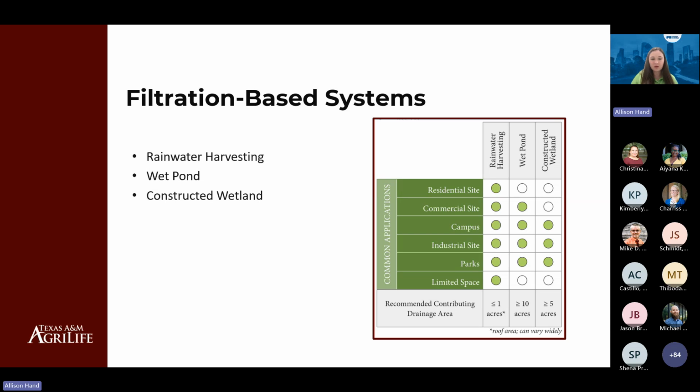We created 3 filtration-based design sets: rainwater harvesting, wet ponds, and constructed wetlands. Next, we'll briefly discuss rainwater harvesting and constructed wetlands, and then we'll go step by step through the wet pond design set.